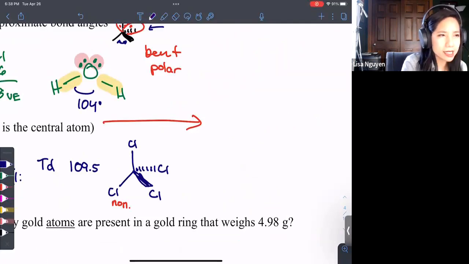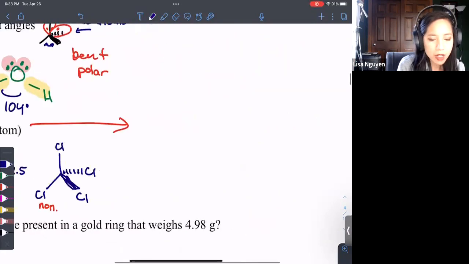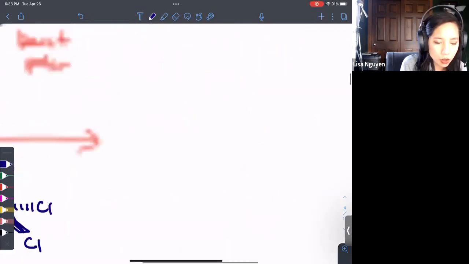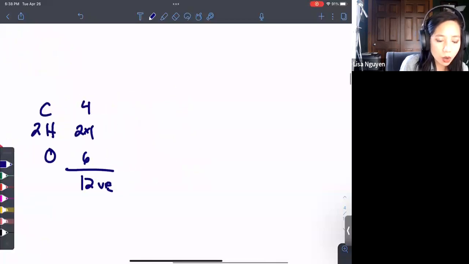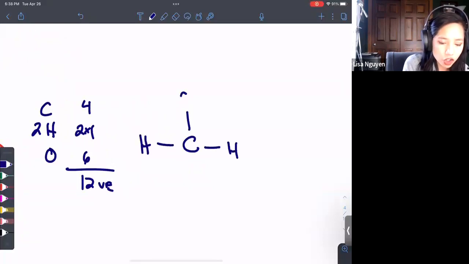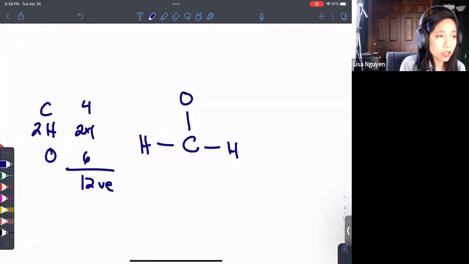For that last one, I kind of skipped steps, but you can get to it and count how many electrons are there. So we have a carbon, 2 hydrogens and an oxygen. So that's 4, 2 times 1, and 6. So there's a total of 12 valence electrons we can spend. I told you that carbon is the central atom, and we have 2 hydrogens and an oxygen. So that's my skeleton structure.